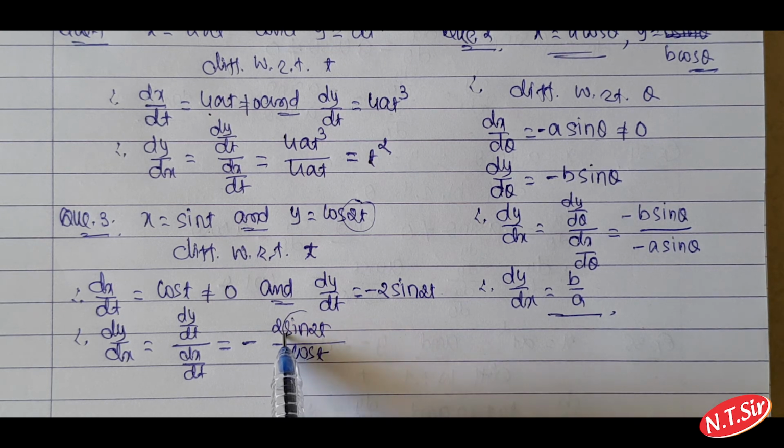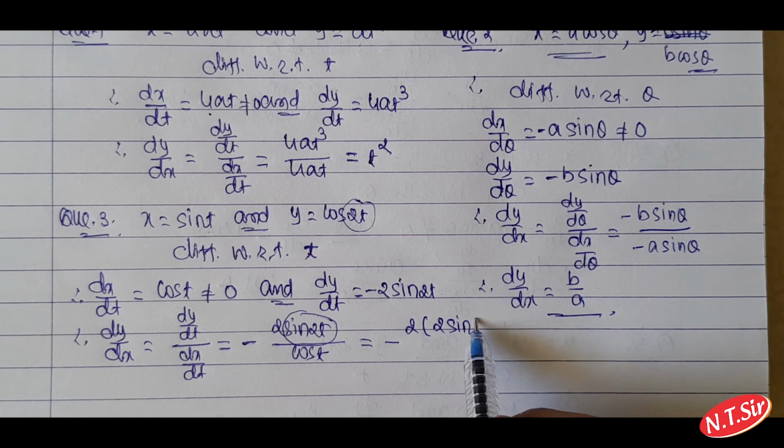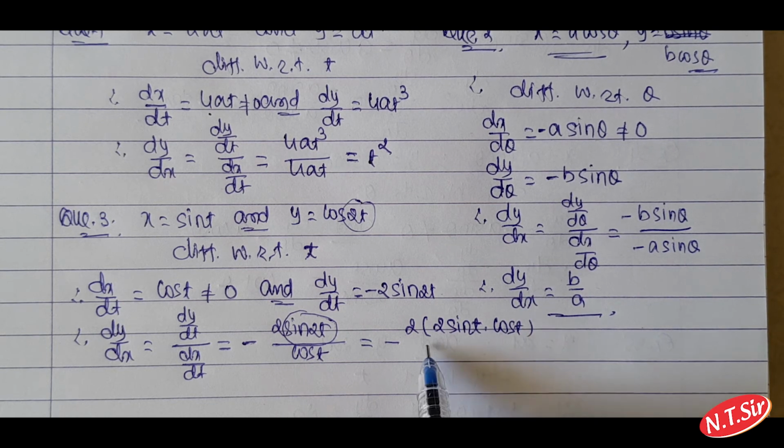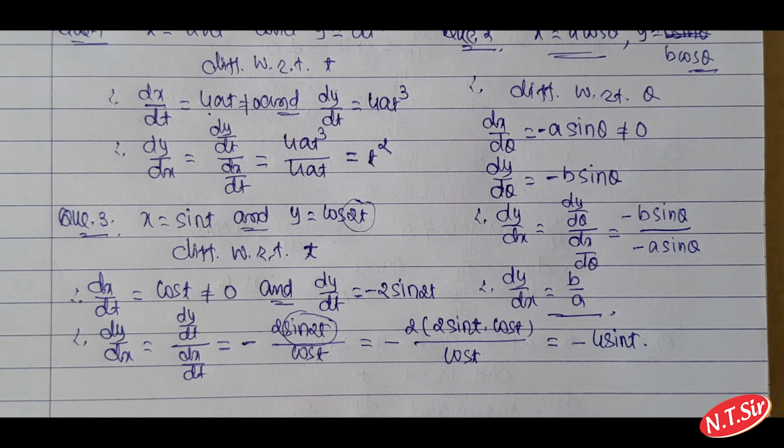So applying the formula of sin 2 theta, the answer is minus 2 into sin 2t, which is 2 sin t cos t, whole upon cos t. So cos will cancel. So your answer will be minus 4 times sin t, right?